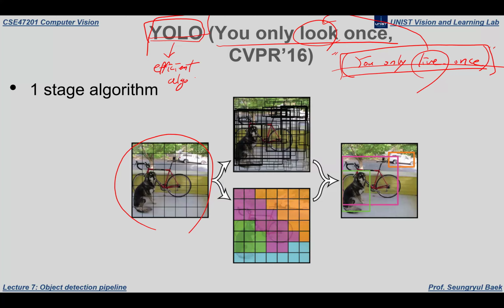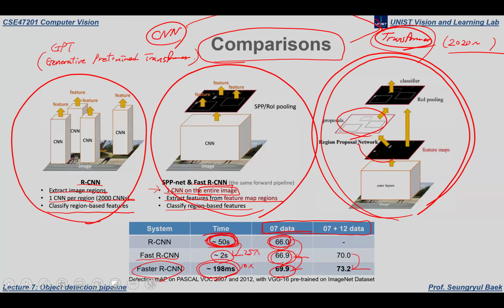I mean, the Fast RCNN methods are called two-stage algorithms. They first extract some bounding boxes and then they classify those bounding boxes. In that sense, they are called two-stage methods.